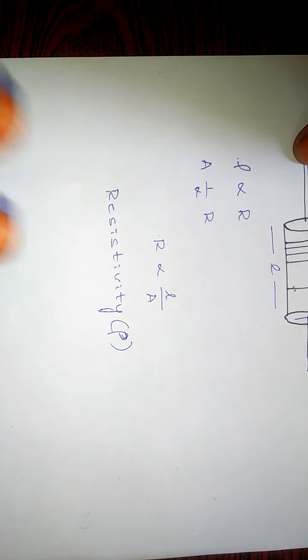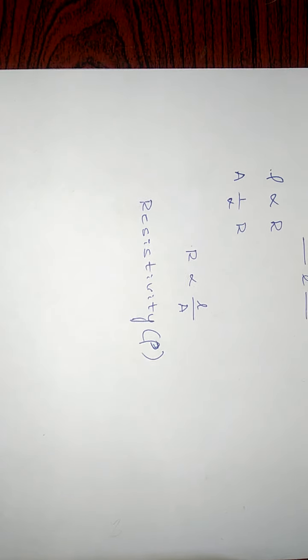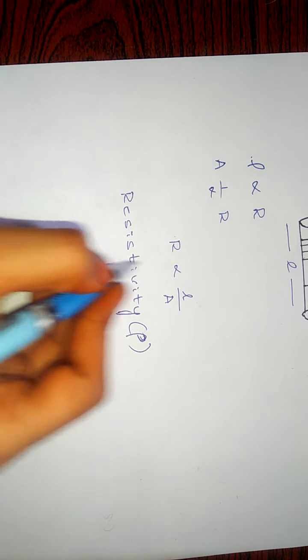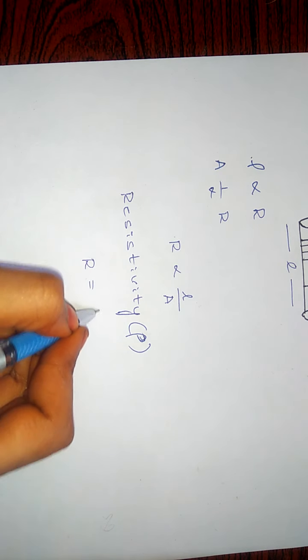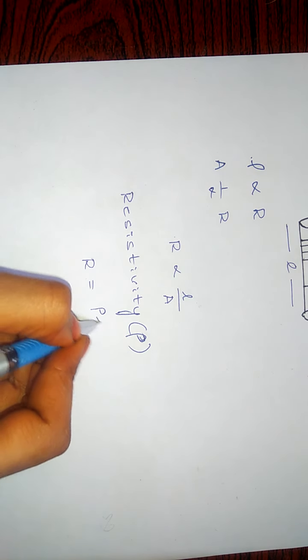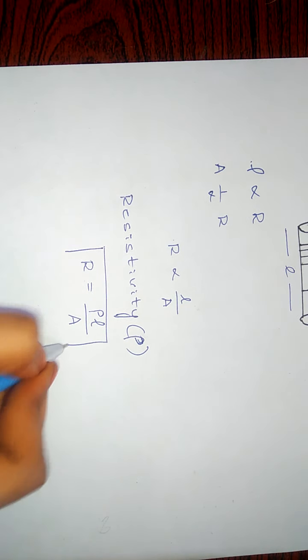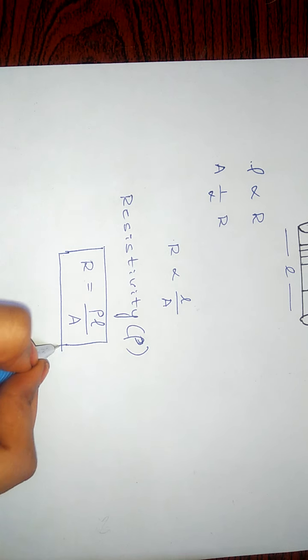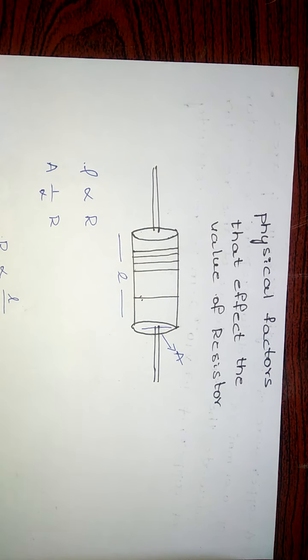Every material has a fixed value of resistivity. So to equate this, we take R equals rho L by A. This is the equation of the physical factors affecting the resistor.